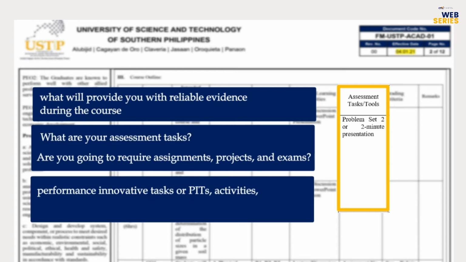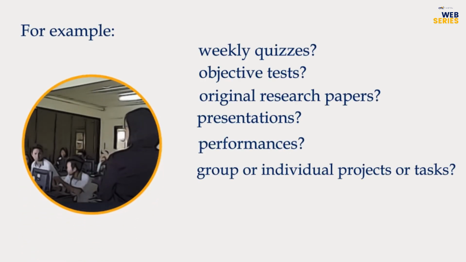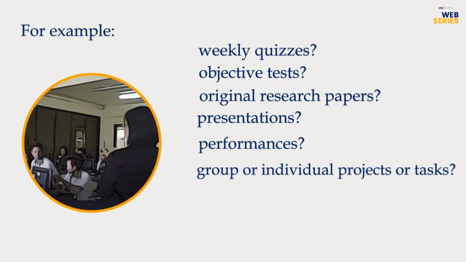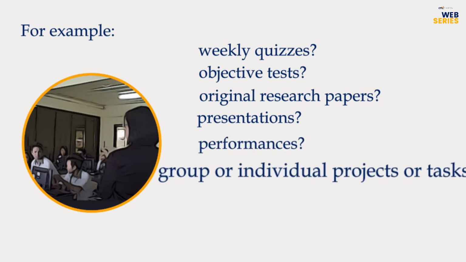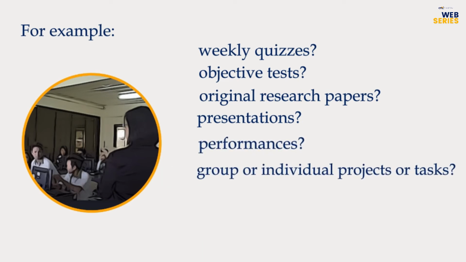This is where you choose performance innovative tasks or PITs, activities, and other assessment methods. For example, will you have weekly quizzes, objective tests, original research papers, presentations, performances, group or individual projects or tasks?